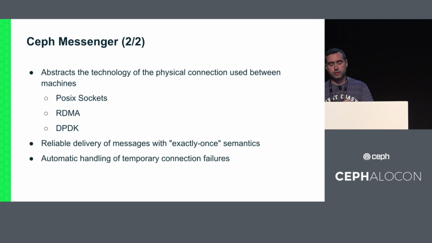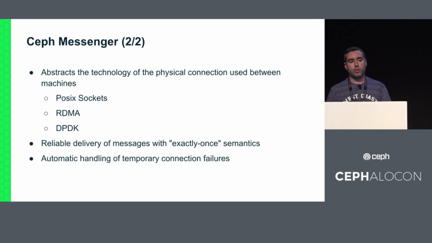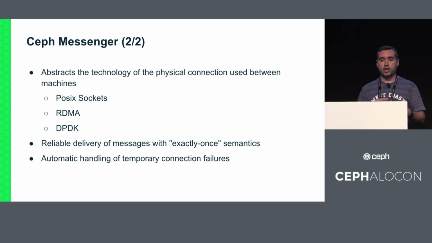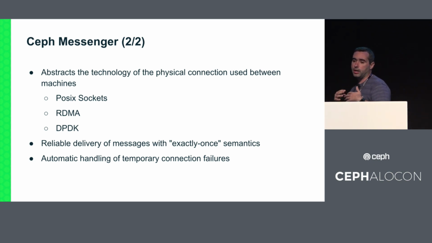It also handles some of the connection failures. So when a connection fails temporarily, Ceph Messenger will try to handle it and reconnect to the other end, so that the algorithms built on top of it don't need to handle those cases.